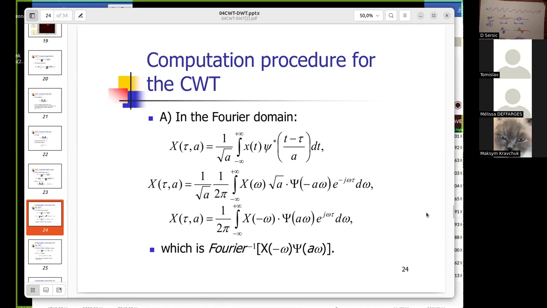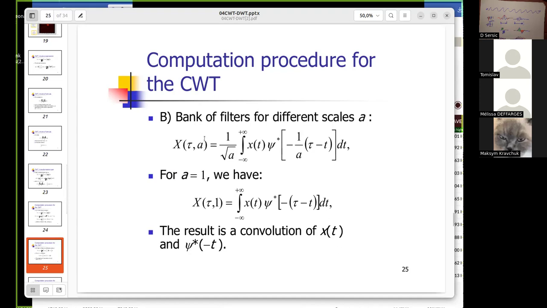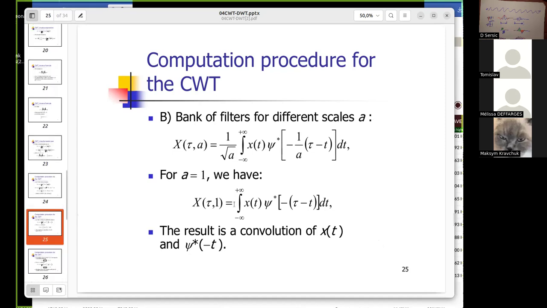How to calculate it in practice? We can calculate it using, of course, different shifts in the time domain, but in the Fourier domain, it corresponds to filtering. We can have a bank of filters for different scales. The result is, again, convolution.